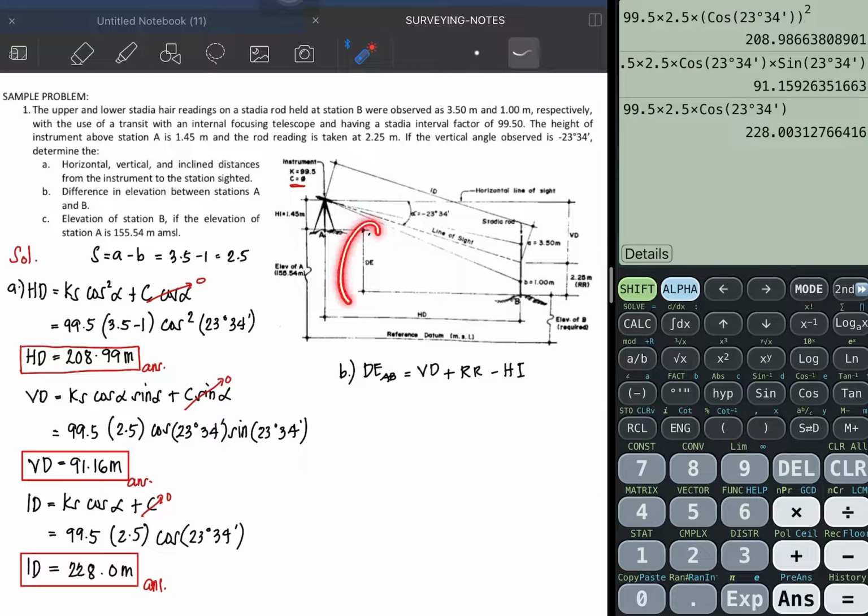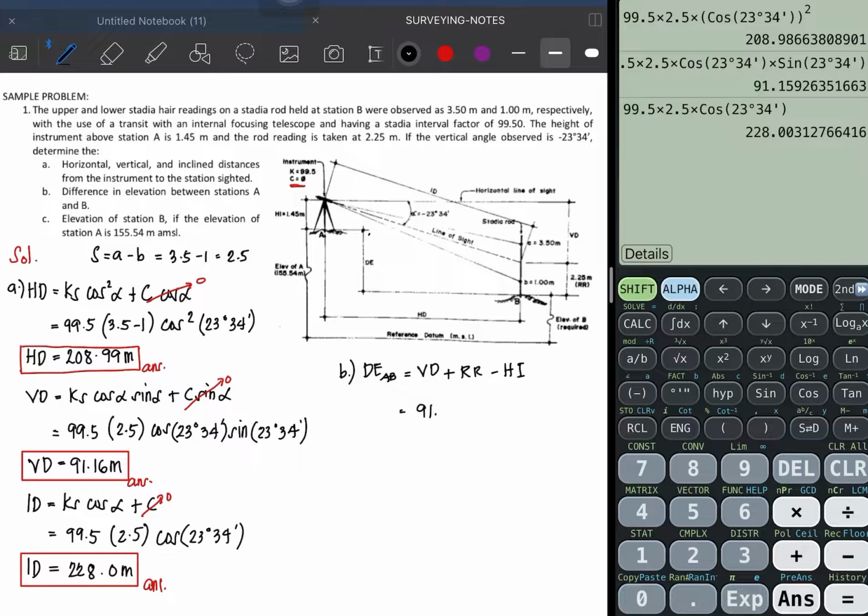Okay, so based from the given illustration, the difference in elevation is equivalent to the VD plus the RR minus the height of instrument. Okay, solve for the difference in elevation.